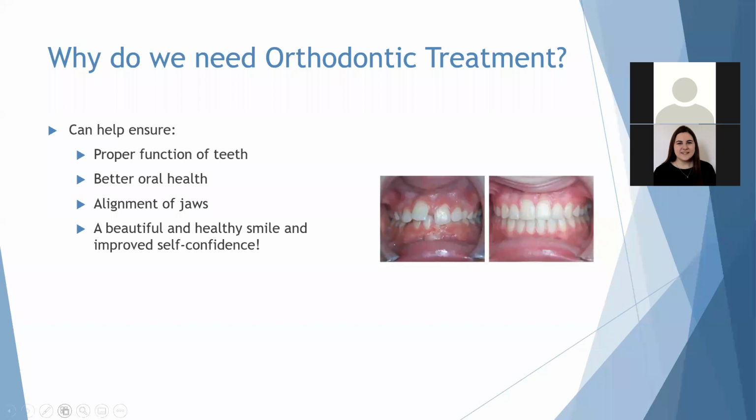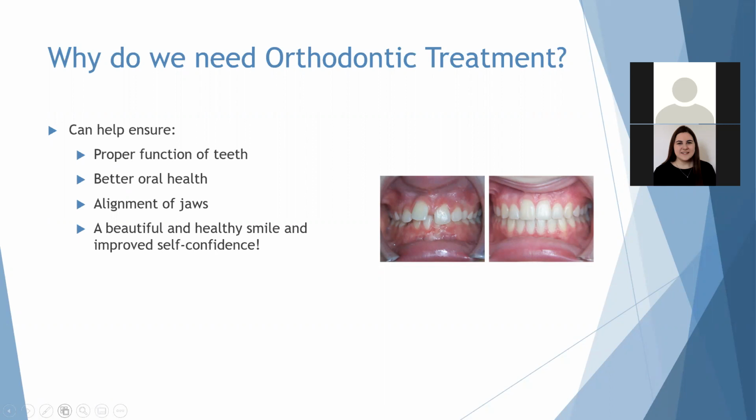Also, teeth that are misaligned are harder to clean and can cause some abnormal wearing of tooth enamel or cause decay, which can then lead to extensive and other harder and more expensive dental procedures. Now, getting orthodontic treatment when one needs it also helps improve gum and teeth health.